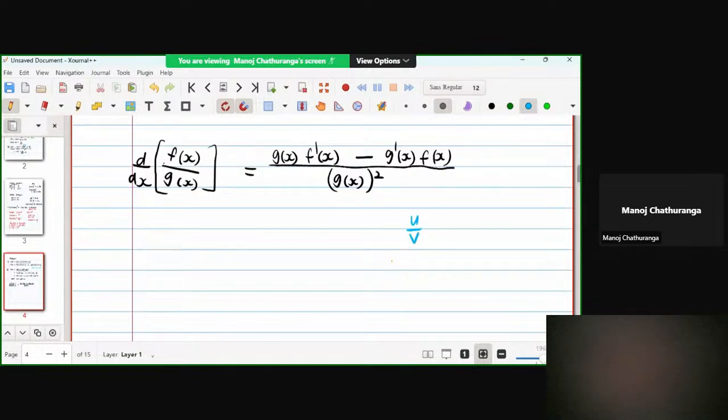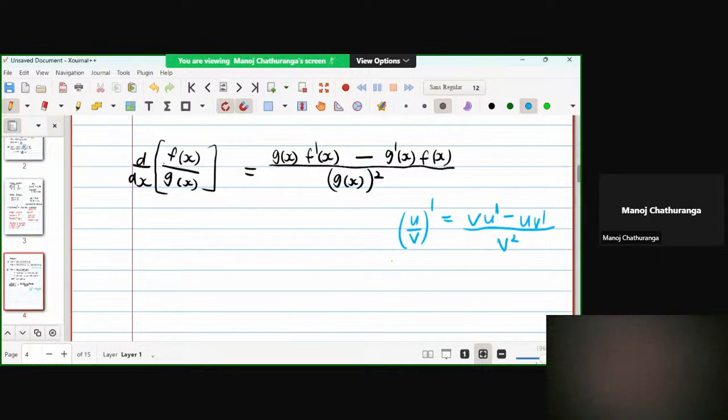If you want to use the u and v symbols, this is (vu' minus uv') divided by v squared.